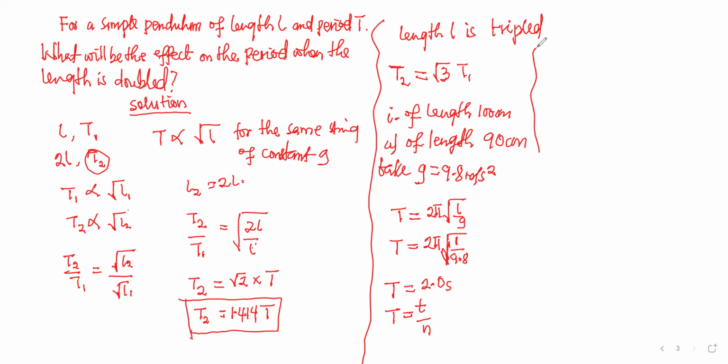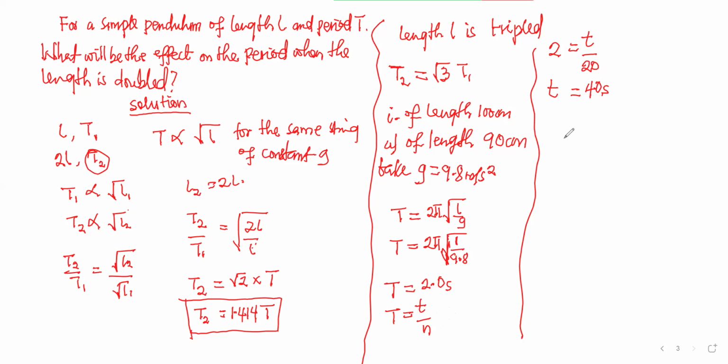So the total time will be the period, which is 2 seconds, times 20. Therefore, the total time will be around 40 seconds, for when L is 100.